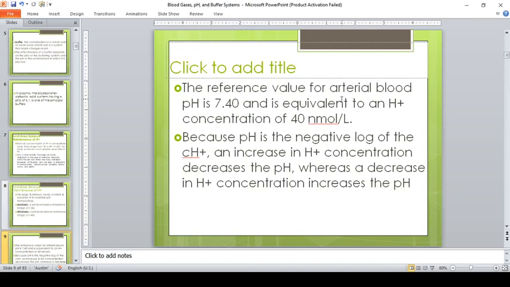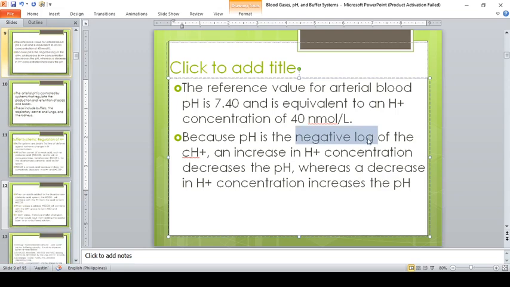The reference value for arterial blood pH is 7.4. Okay? So, yan na yung tawag dito, pinakagitna, di ba, ng 7.35 to 7.45. And that is already equivalent to hydrogen ion concentration of 40 nanomole per liter. Because pH is the negative log, okay, of the hydrogen ion concentration.